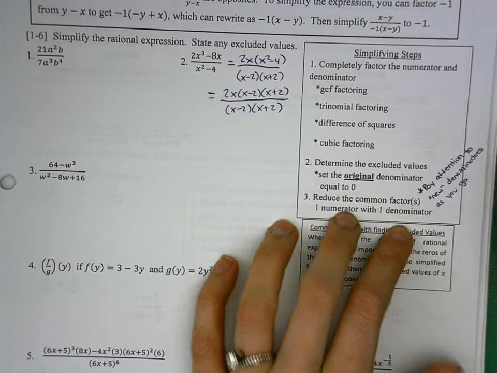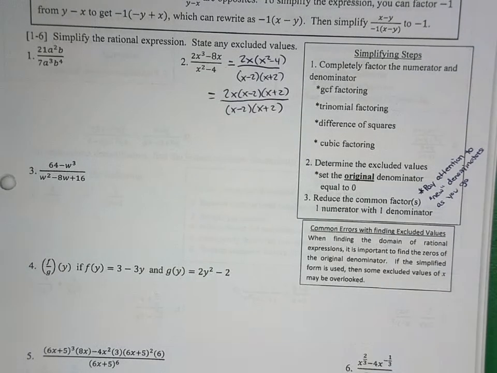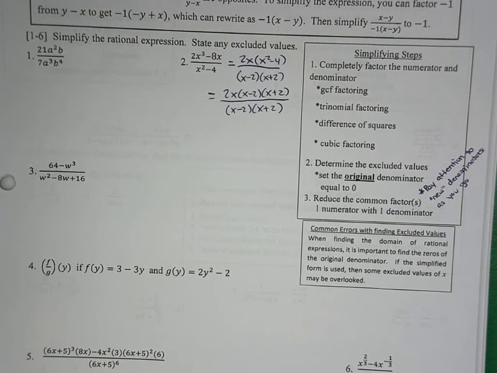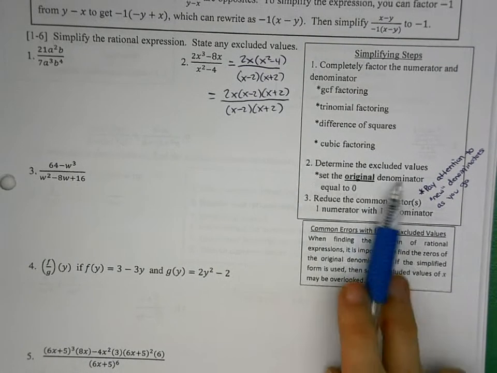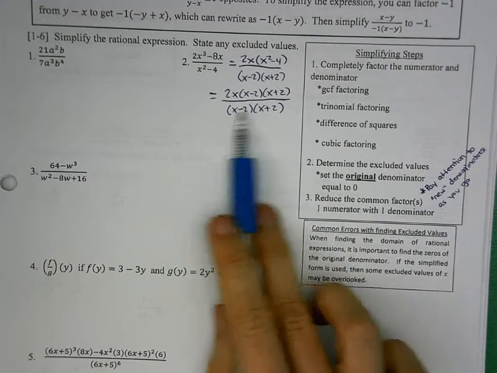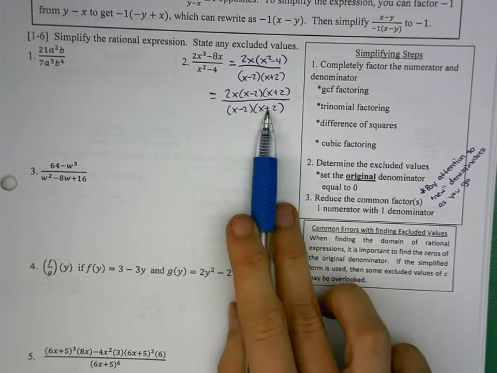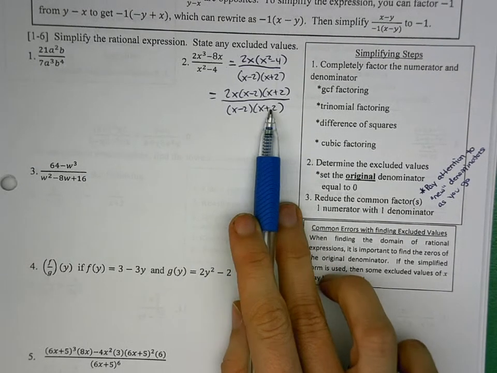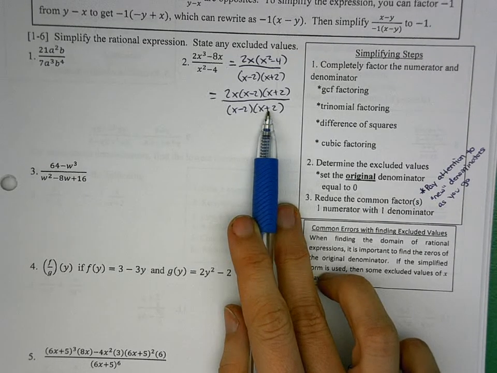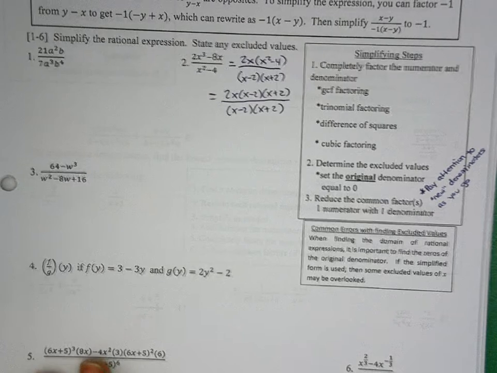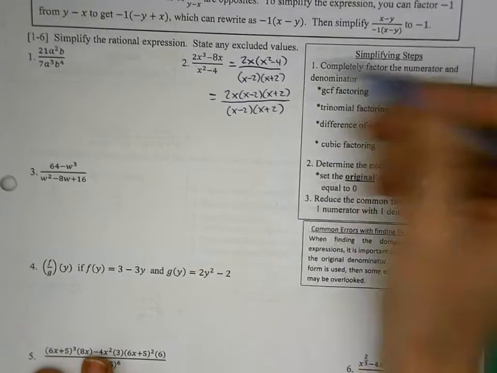Every once in a while you will find something that maybe didn't initially look like a denominator in the problem, but as you work through the problem it will end up in the denominator, and if that happens you do need to consider that value as an excluded value as well. So again, an excluded value is anything that would make the denominator equal 0. In this case we have 2 pieces to our denominator. To make these equal 0, x would be either 2 or negative 2. Both of those are excluded values, and we will put those in our answer.